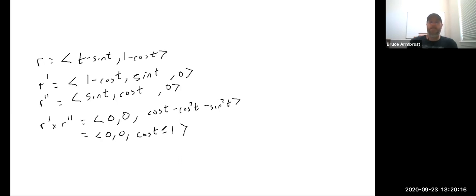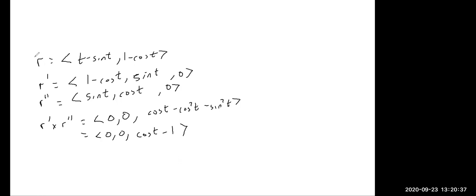It just happens that it ends up being cosine of t minus 1. But the fact that it points in that direction is exactly what we want. All right, so before I continue, does that at least help answer how we deal with 2D vectors if we're going to cross them, Shannon? Yeah, I guess I can just start employing that strategy for the rest of these 2D vectors.